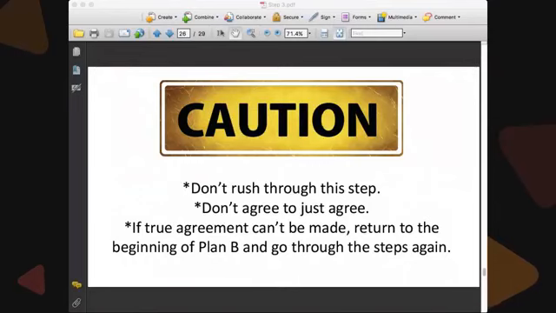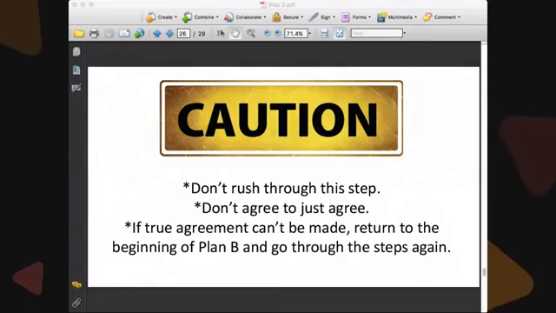The caution with the invitation step is, again, don't rush through it. Don't agree just to agree. That's not going to work. And if you can't come to any kind of agreement, then what's best is to return to those beginning steps of Plan B and work through the process again.